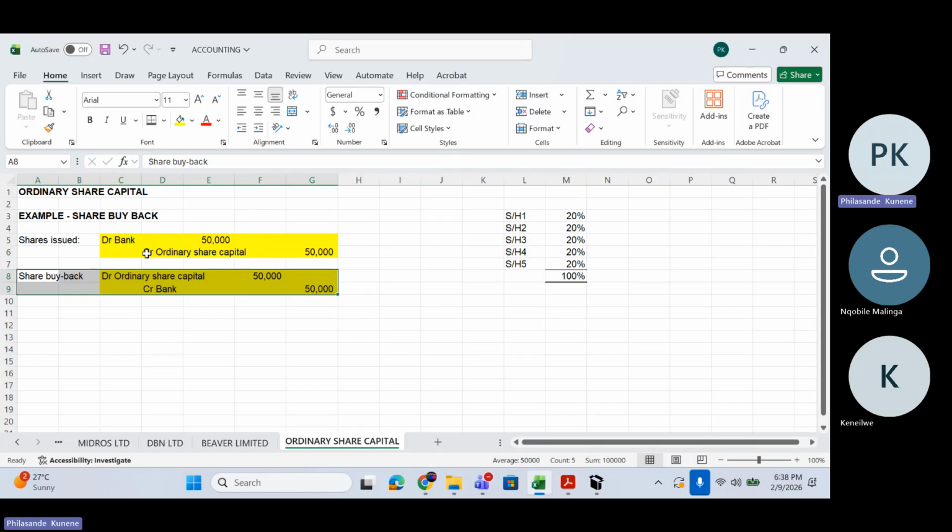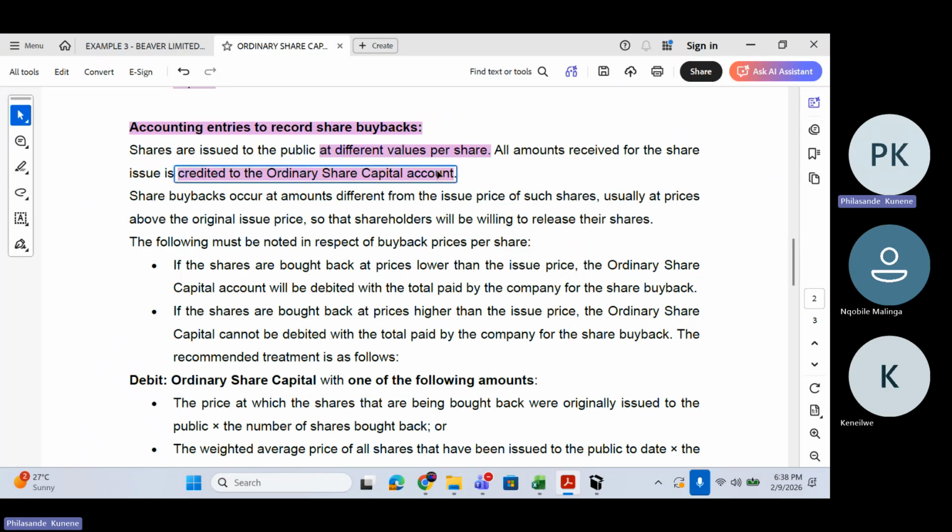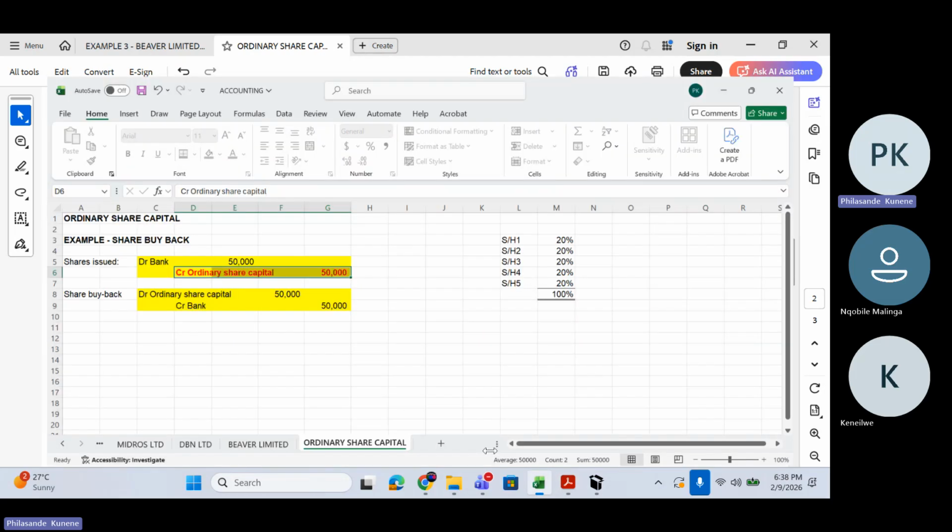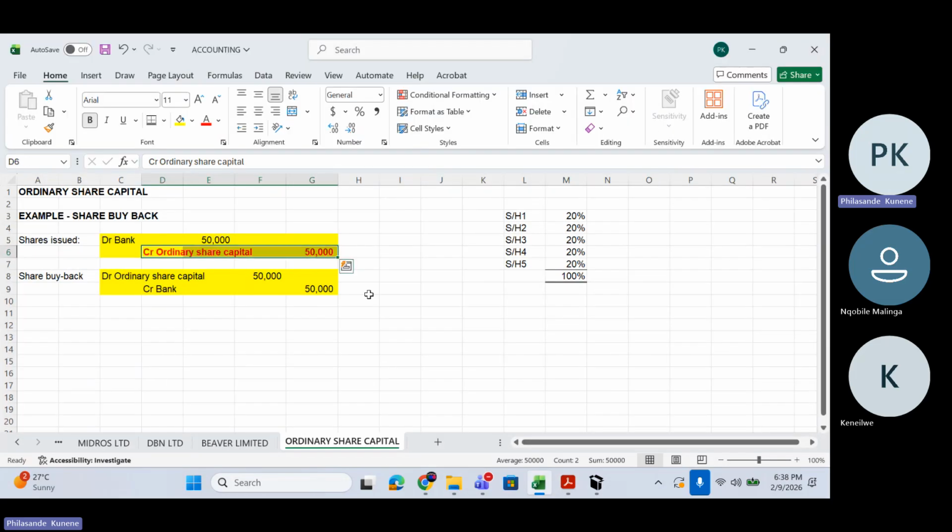All cash that is received is credited to the ordinary share capital account. That's what they're talking about here.